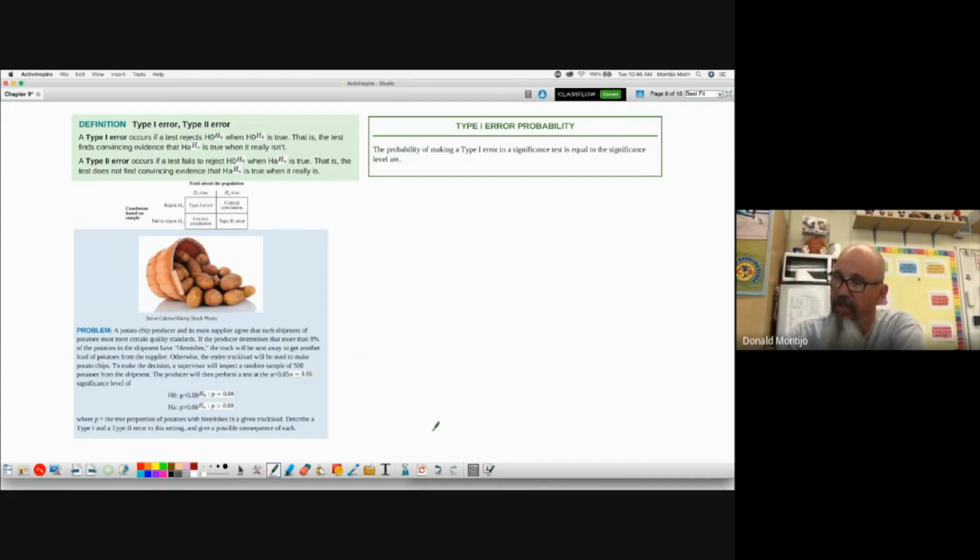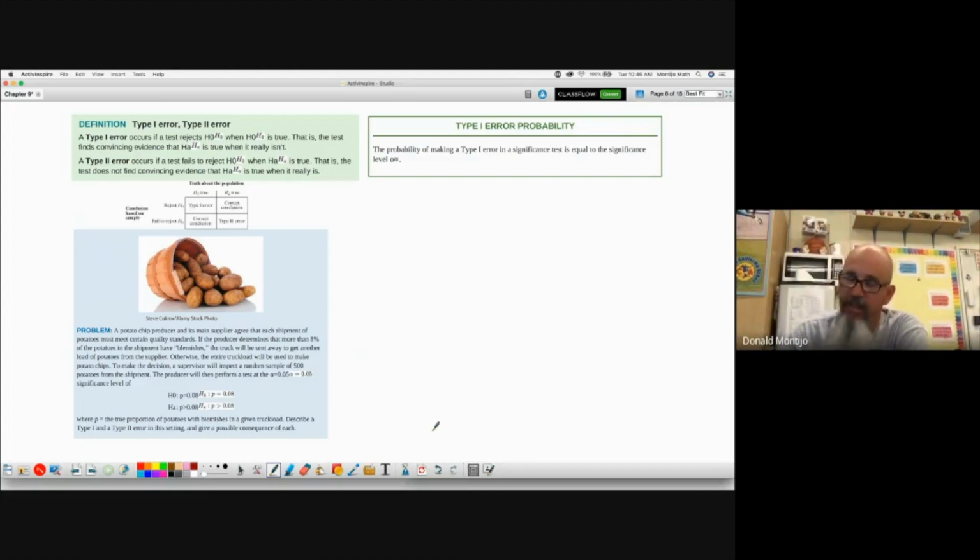Okay. And now the examples we've used previously have all been quantitative data. So the null was in terms of mu. Well, this is what proportion of the potatoes have blemishes, or categorical data. Okay? Does your potato have a blemish? You don't say 6, right? You say yes or no. So this is not quantitative, it's categorical.